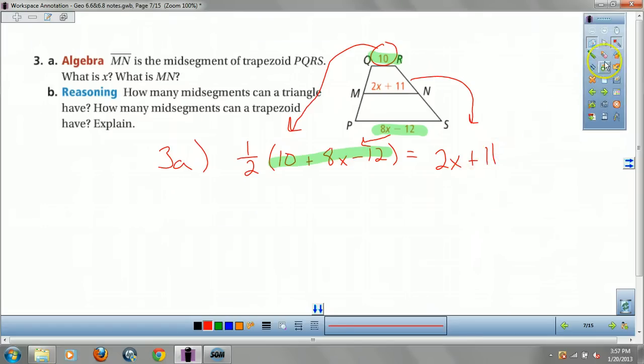Okay? Let's see if I can use a different color highlighter here. Now I solve this using some good old-fashioned algebra. So let's see. We get 8x minus 2, get rid of this half.